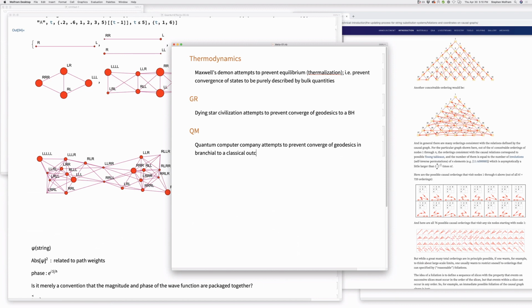And the claim is that this will happen inevitably, in the same way as the singularity theorems in general relativity, if the amount of entanglement is too high.